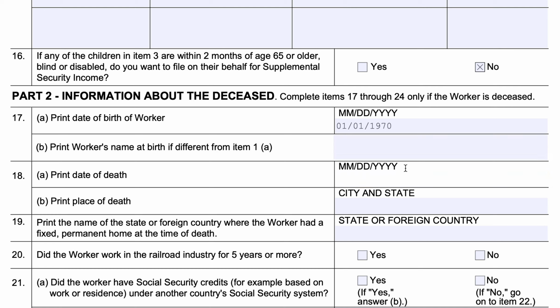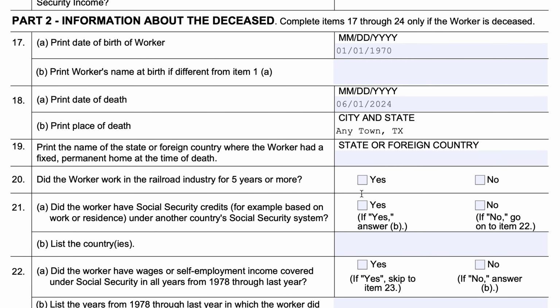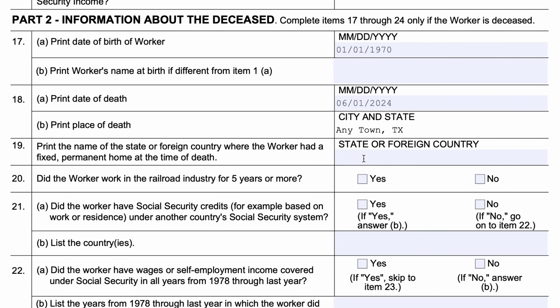Let's imagine that he died about a month and a half ago, and he died in Anytown, Texas. If he lived in a foreign country, you would name the foreign country. He lived in Texas, so we're going to list the state that he lived in.